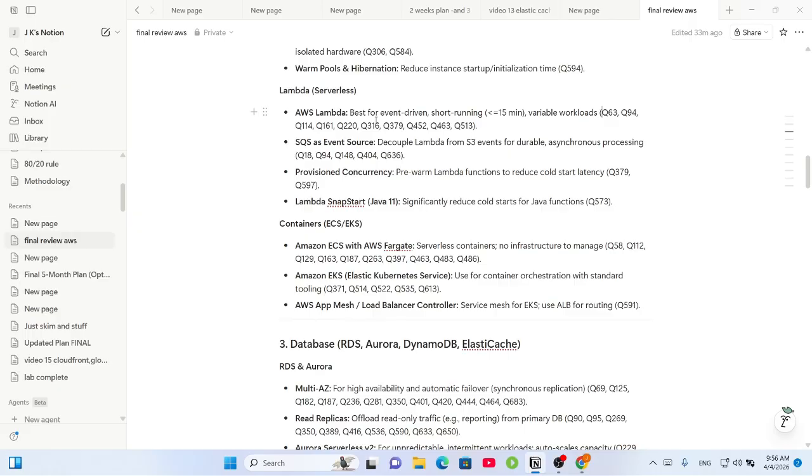Same thing with the API Gateway. SQS as event source decouples Lambda from S3 events for durable asynchronous processing.